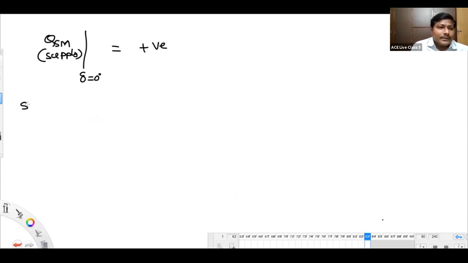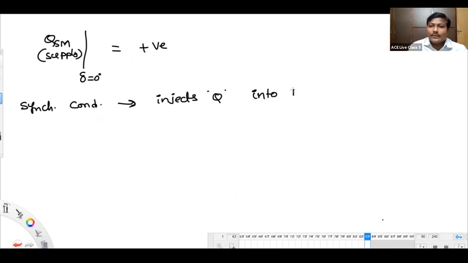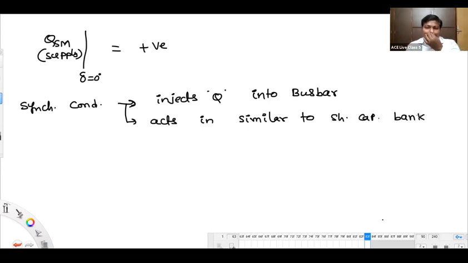That implies the synchronous condenser injects the reactive power Q into the connected bus bar. So it acts similar to a shunt capacitor bank.